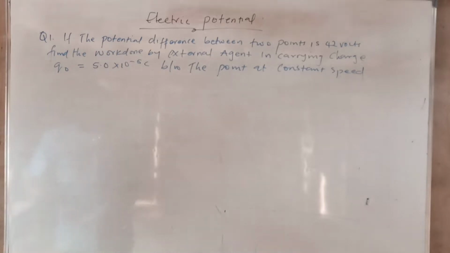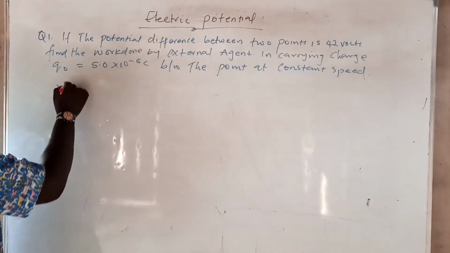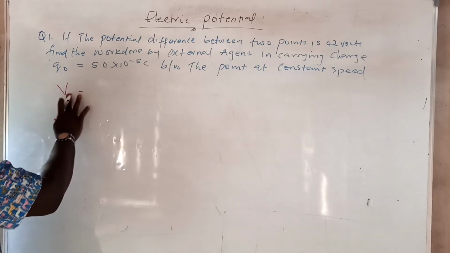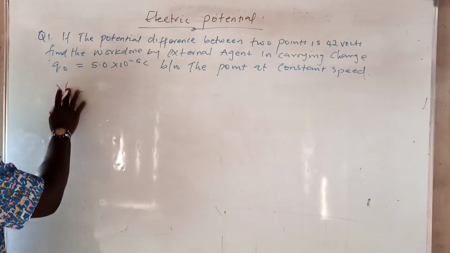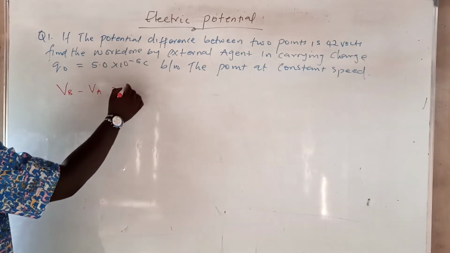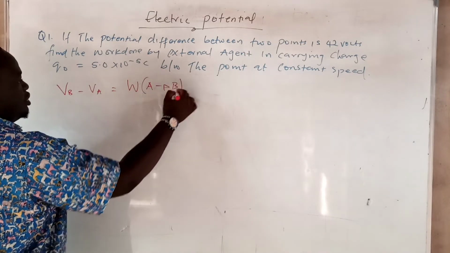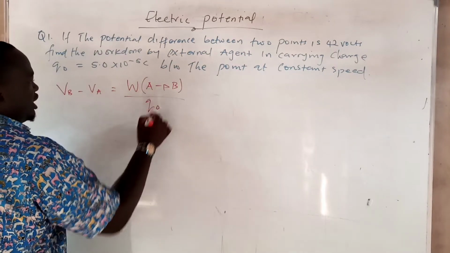Remember from the introduction, the electric potential between 2 points, VB minus VA, is the work done from A to B over the test charge.